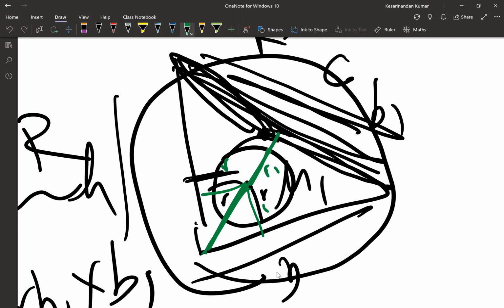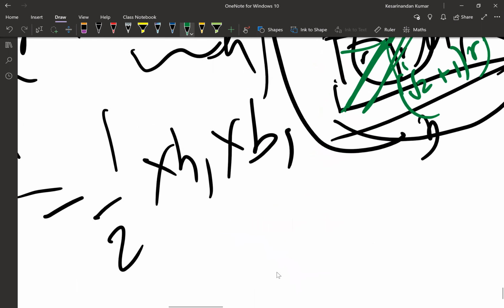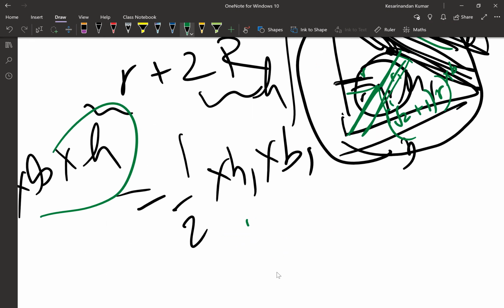Yes, it will be root 2r according to the Pythagoras theorem. So the total height would be root 2 plus 1 into small r. Right, guys? Yes, Krishna. This into breadth, you will have to substitute here, and then you will get the value of small r. Simple.